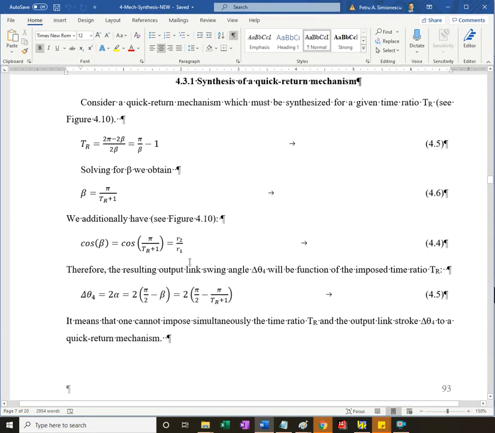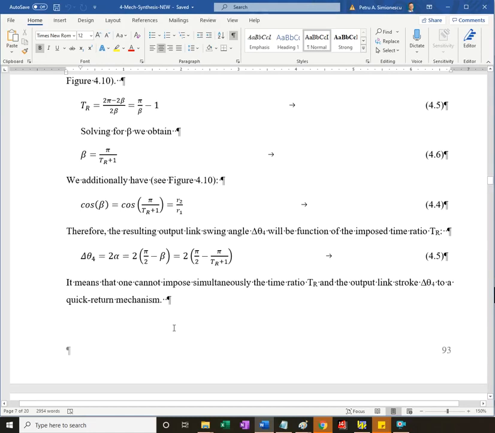Going through beta, cosine beta, I can get the ratio between R2 over R1, or R1 over R2 will be the flipped fraction. And then we can calculate the resulting angle of swing.